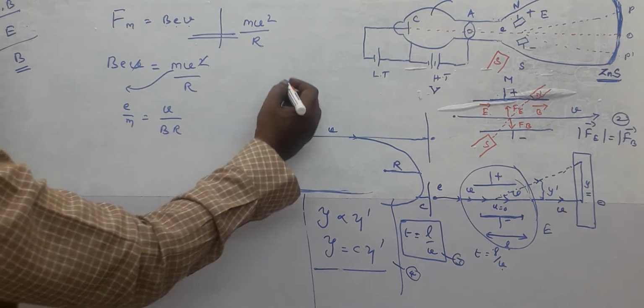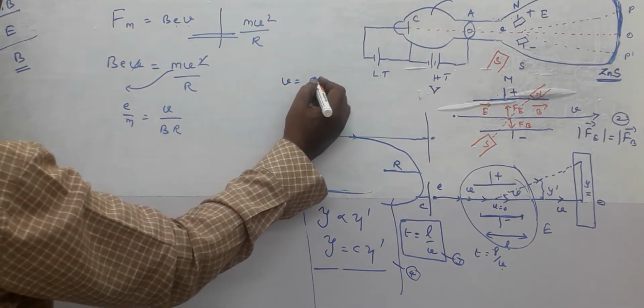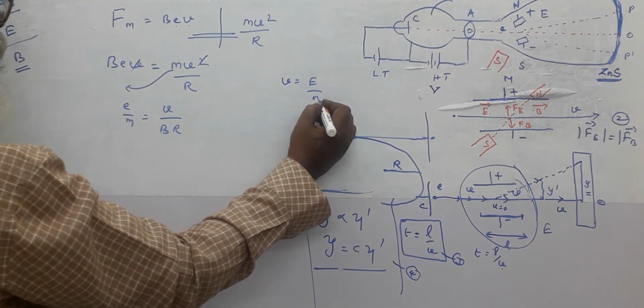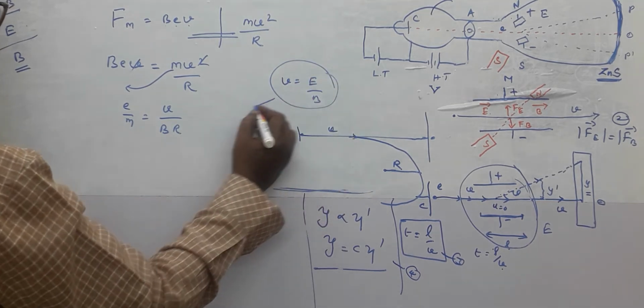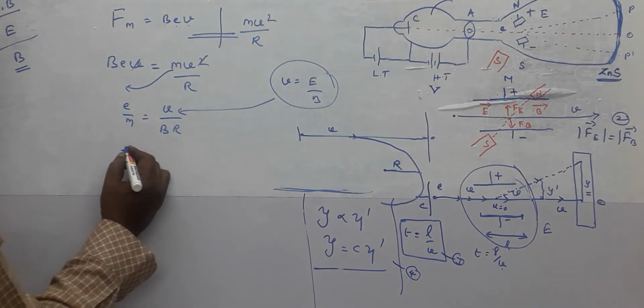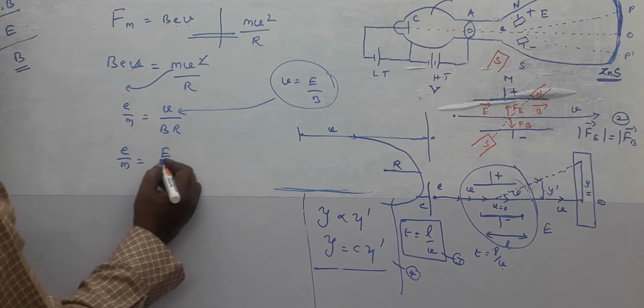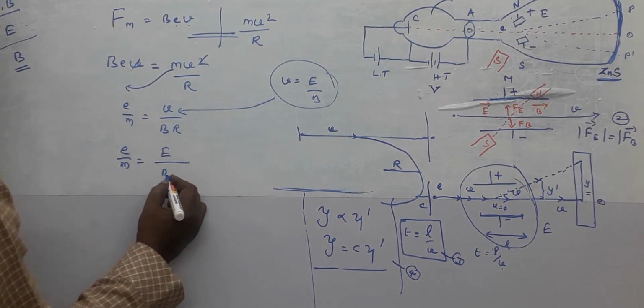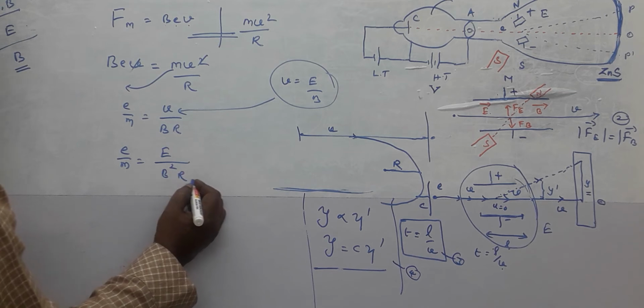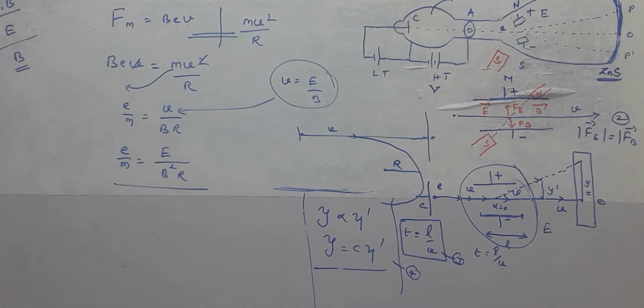But we already know the value of v is equal to E by B. Applying it here, e by m is equal to E by B square R. This is the final equation he got.